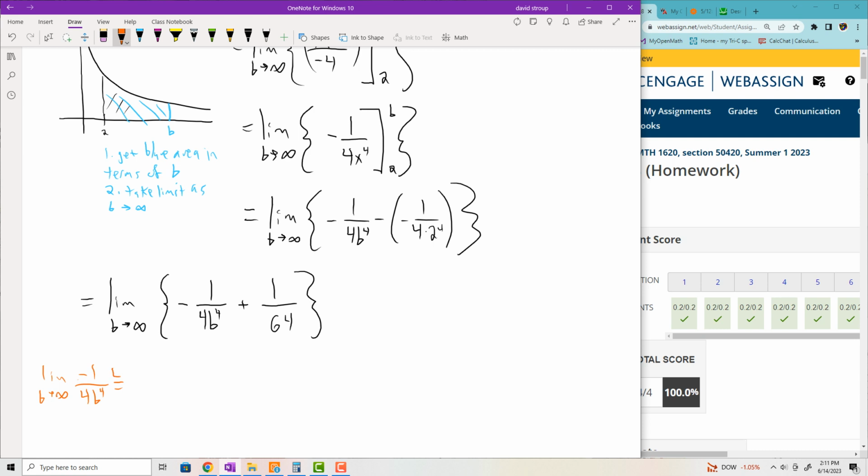Well, that's going to be 1 over infinity, which is 0. So this first guy is going to go to 0. The second guy is just a constant, 1 over 64. So you'll have the limit of a constant, which is the constant, 1 over 64. And that's your answer. You'll call this type of integral convergent.